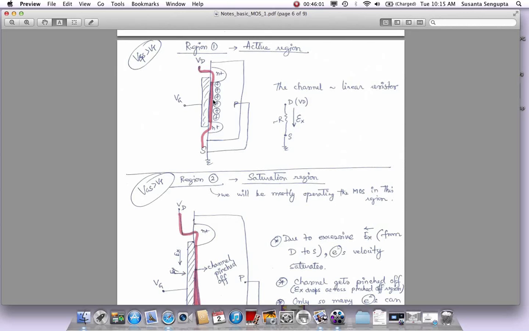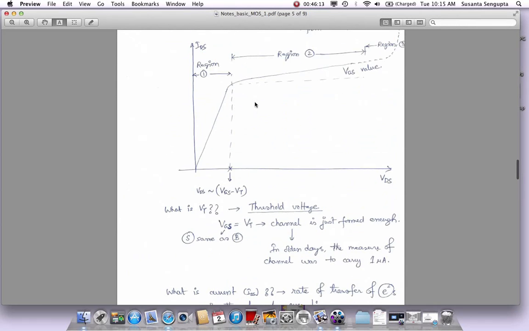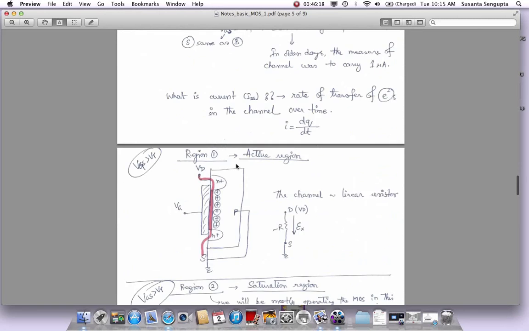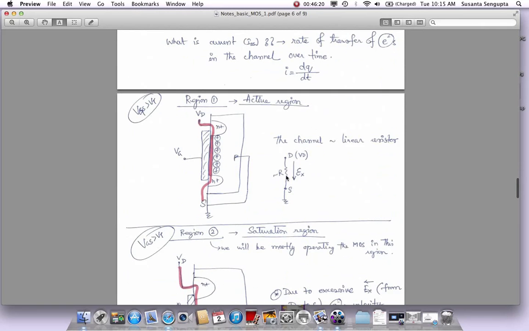It's not that more electrons are getting it; the same number of electrons are traveling this distance faster, which makes it a higher current, right? So overall, as we looked at this plot, it's a very linear region till it hits here, and if you took a derivative of it, it would look like a pretty linear resistor. So current to voltage is a linear conductor or a linear resistor, whichever way you want to call it. That's the reason why we call it the linear region or active region.